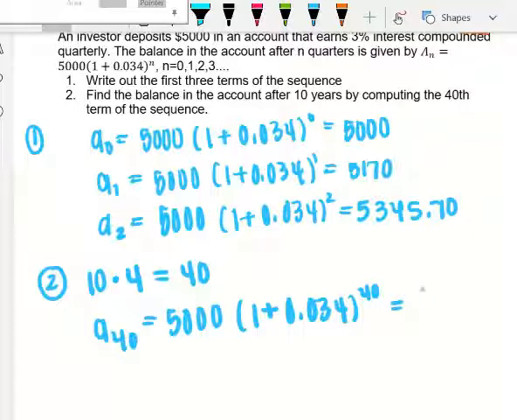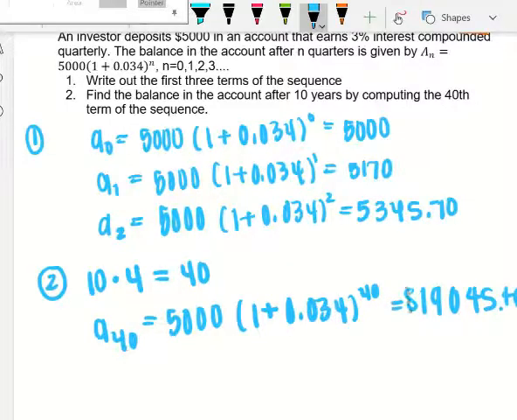Alright, and that's going to give you $19,045.46. So that's how much money you'll have after 40 terms based on this formula right here.